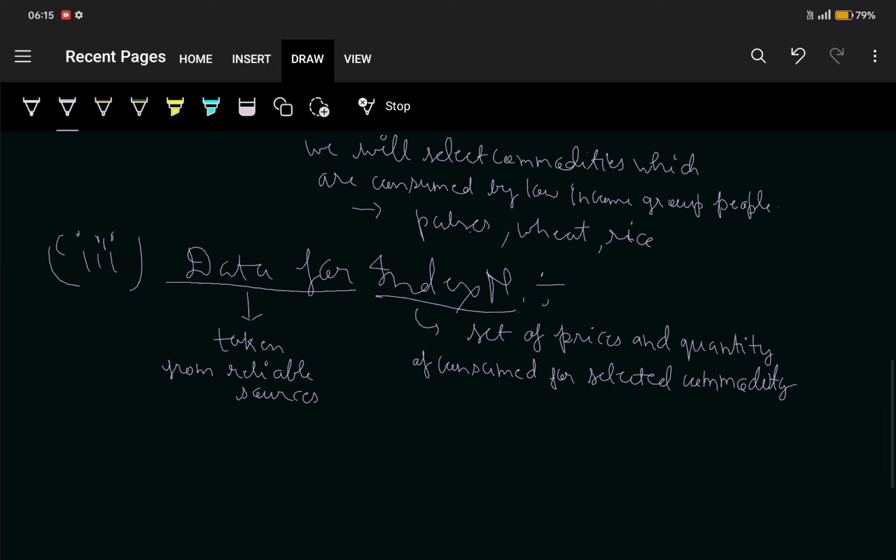And the fourth point we have is selection of base year.